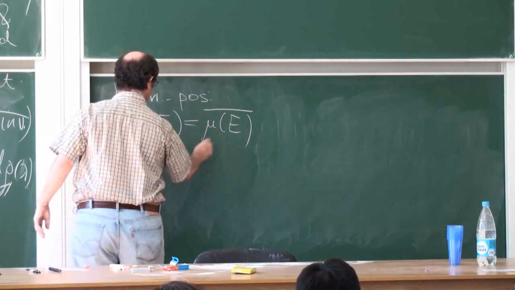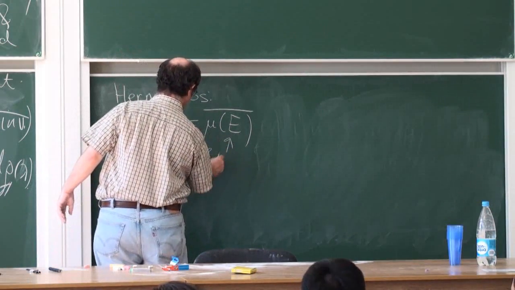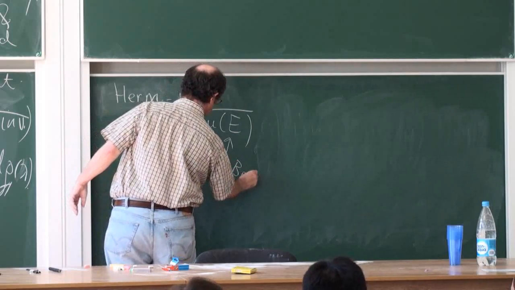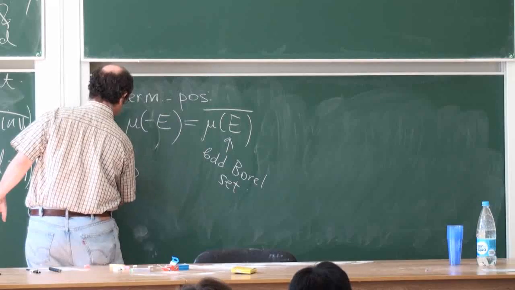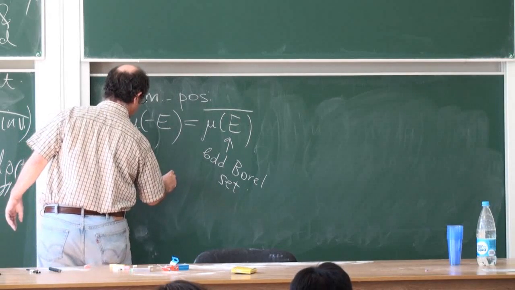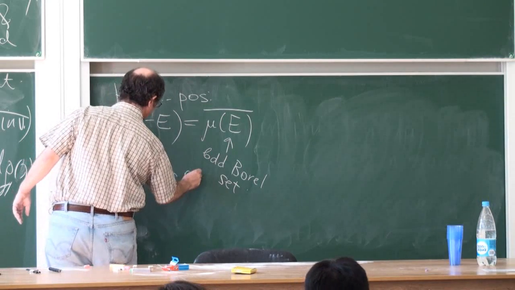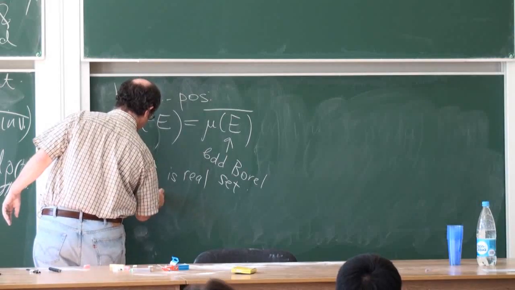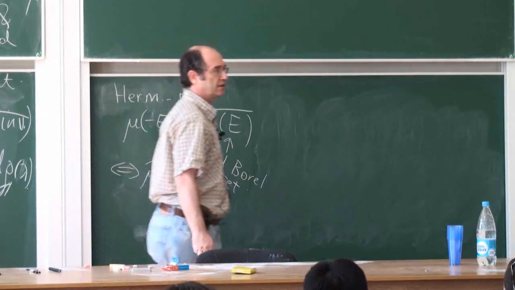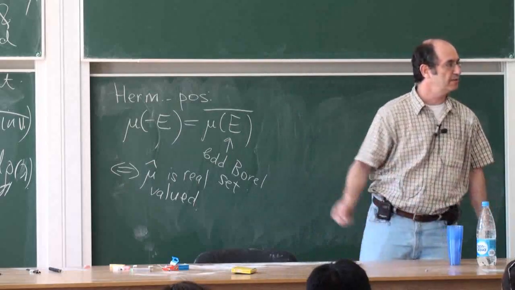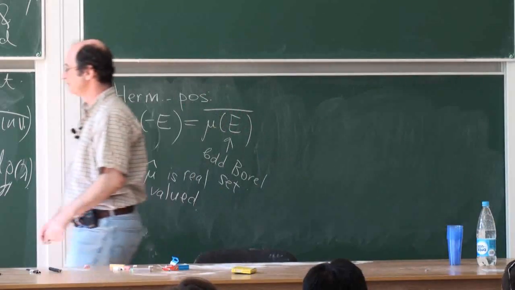This is for a bounded Borel set. And this is more or less equivalent to saying that the Fourier transform is real valued, that the Fourier transform and cosine transform are the same, that the sine disappears in the transform.